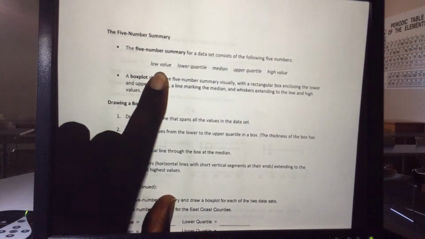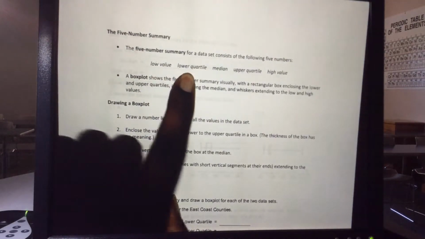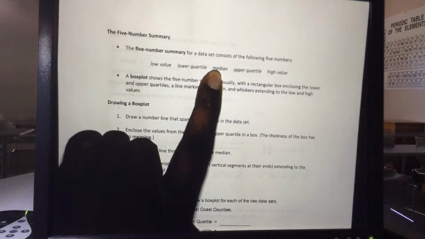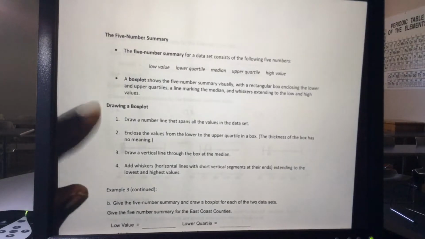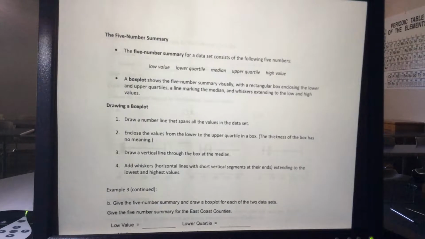You have the lowest value, then your lower quartile, then the median, that's the middle number, then your upper quartile, and then the highest value. Now, we can use a 5-number summary to draw what they call a box plot.